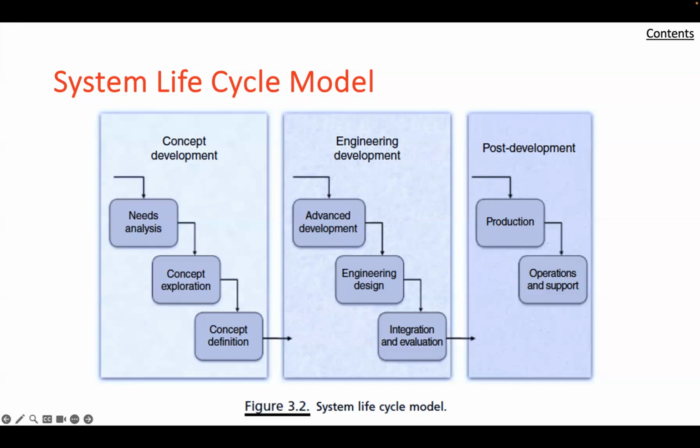Next, the engineering development stage corresponds to the process of engineering the system to perform the functions specified in the system concept in a physical embodiment that can be produced economically and maintained and operated successfully in the operational environment.